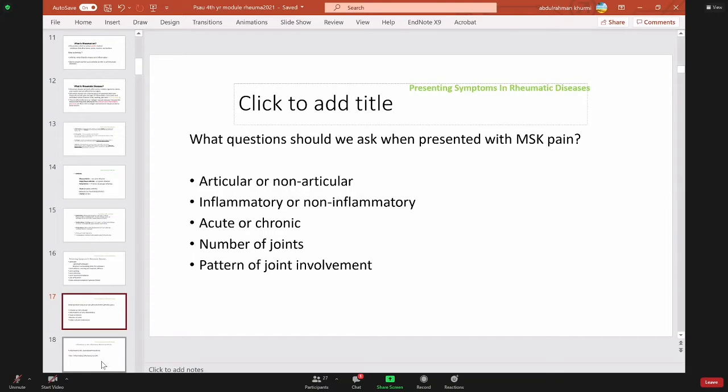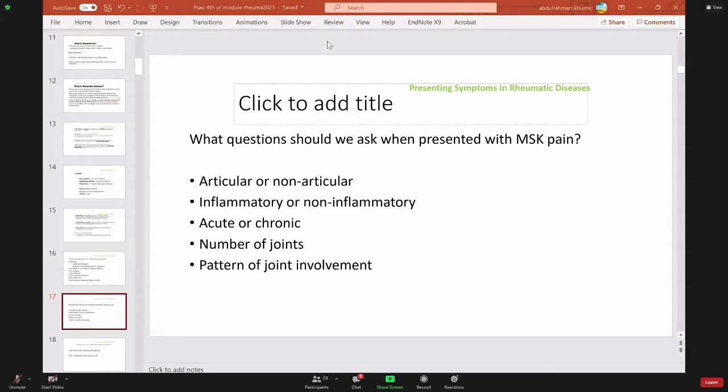In general, if you receive a patient in your clinic complaining of musculoskeletal pain, what will you ask him about? Family history. One joint or more joints. The onset, is it traumatic? The aggravating and relieving factors of the pain itself.